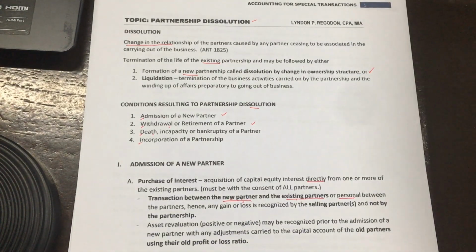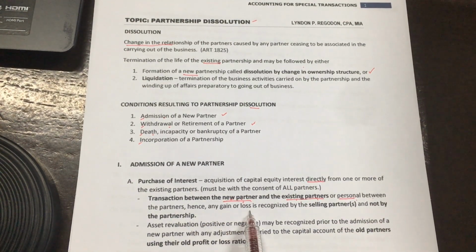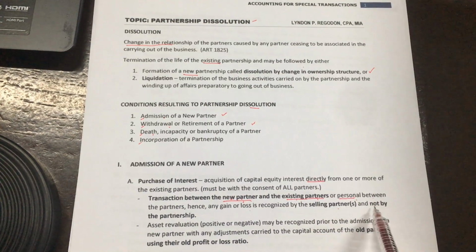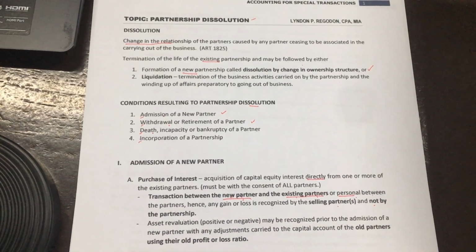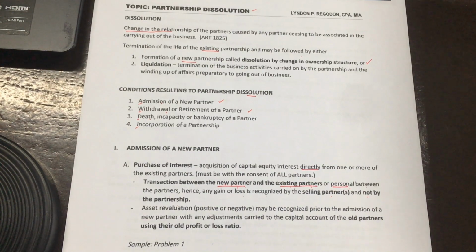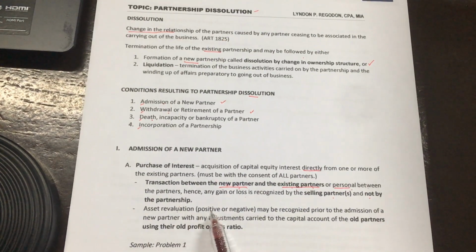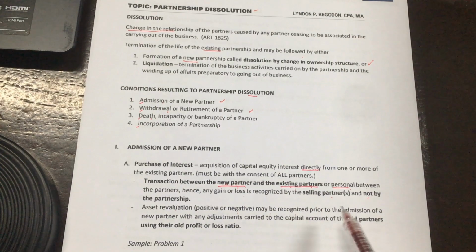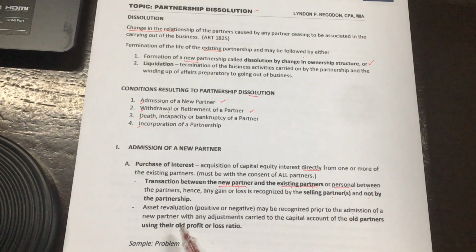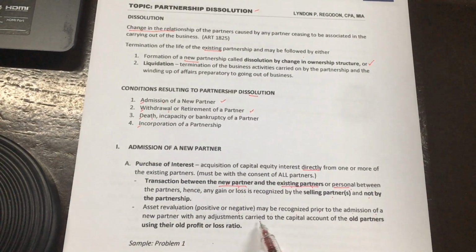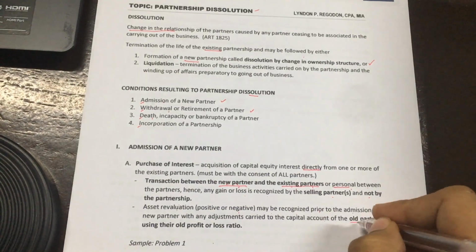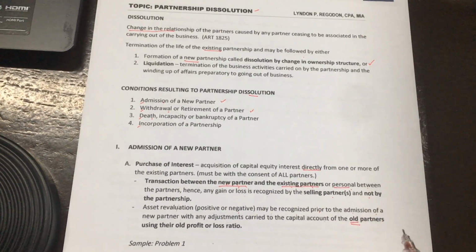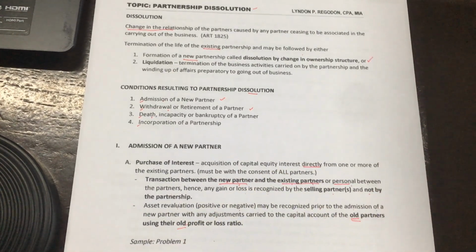So that is what this says: transactions between the new partner and existing partners are personal between the partners. Hence, any gain or loss is recognized by the selling partners and not by the partnership. Moreover, asset revaluation, positive or negative, may be recognized prior to admission of a new partner, with any adjustments carried to the capital accounts of the old partners only, using their old profit and loss ratio.